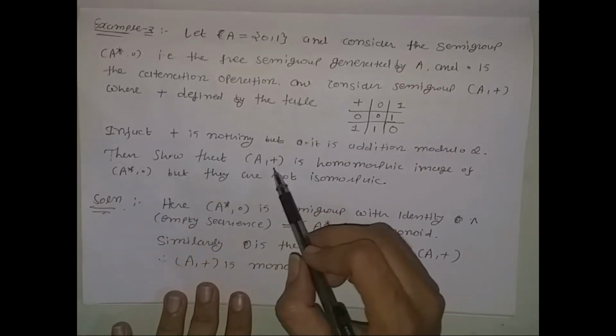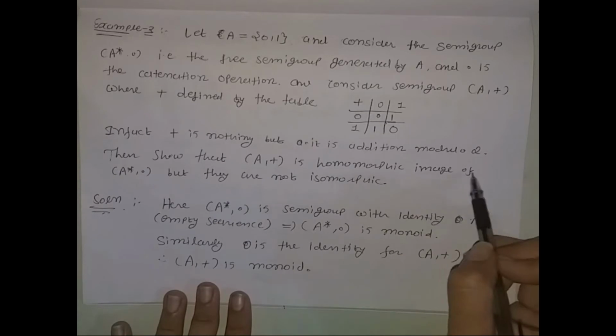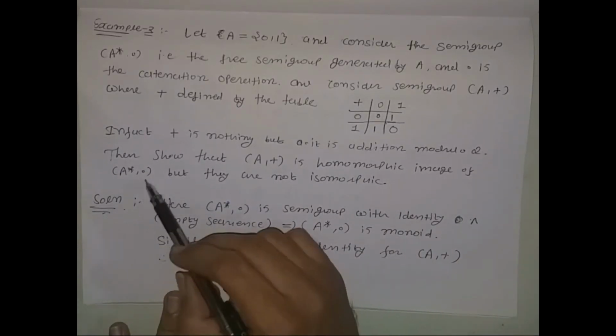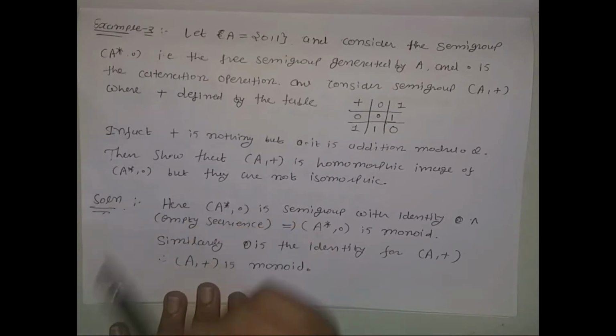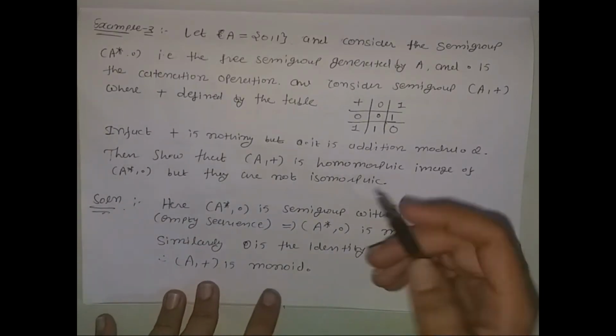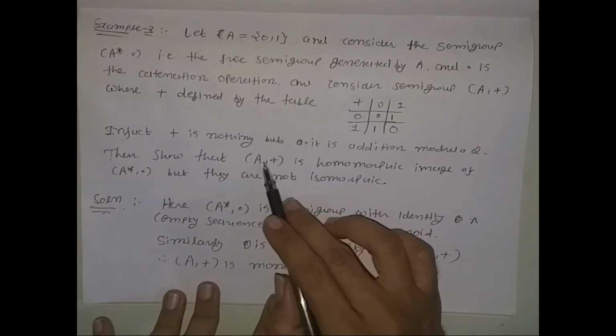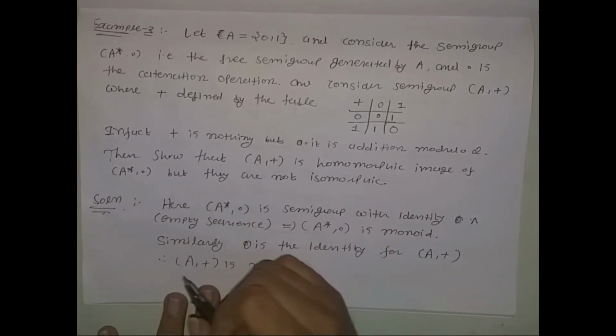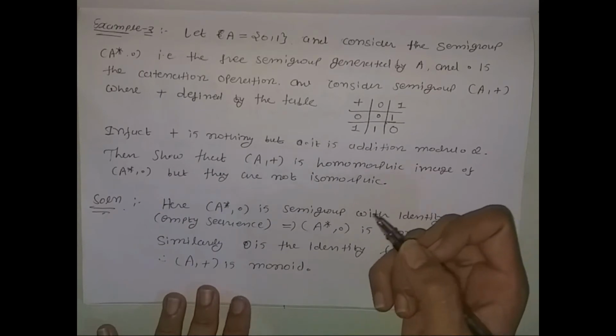Then show that A plus is a homomorphic image of A star with catenation, the free semigroup generated by A. What is our aim? Our aim is to show that A plus is a homomorphic image of A star. Now what is a homomorphic image?